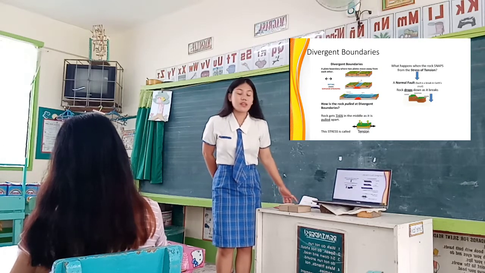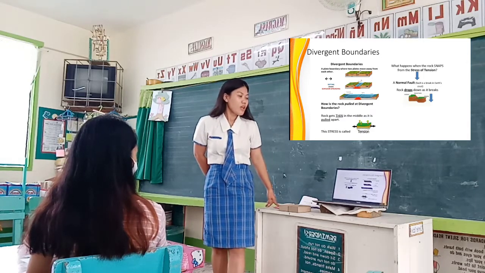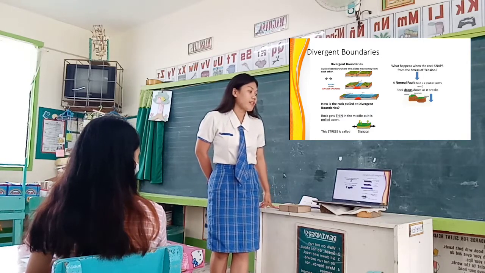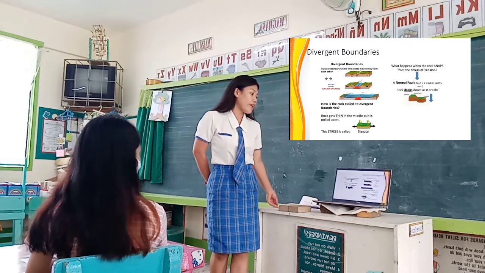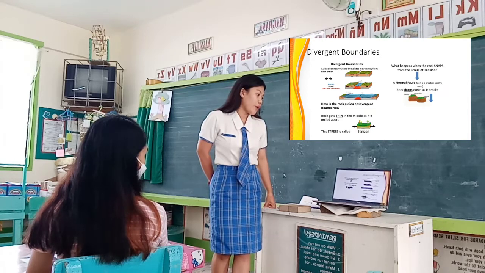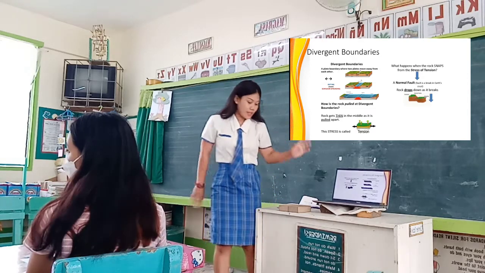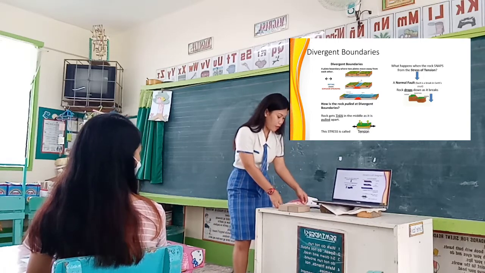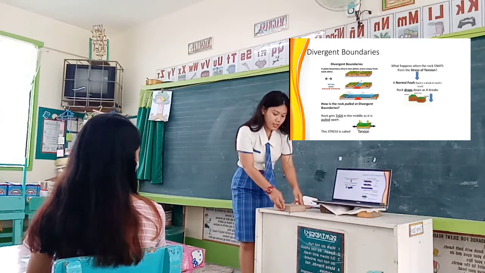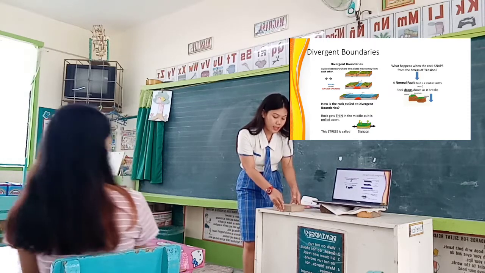First we're going to discuss the divergent boundaries. A divergent boundary is defined as a plate boundary where two plates move away from each other. This drifting causes seafloor spreading. As you see the blocks here in the picture, it represents the two crusts.